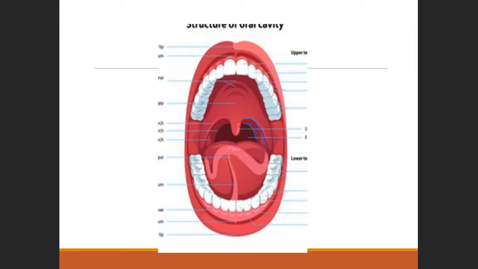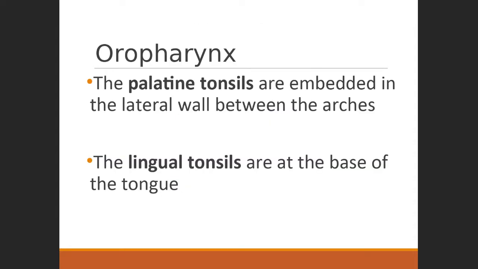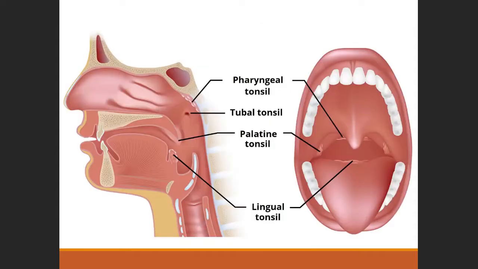We also have tonsillar structures associated with the oropharynx. We have palatine tonsils sitting in between those paired arches of the fauces. And we have lingual tonsils associated with the posterior aspect of the tongue, lingual meaning tongue. And while we're on this diagram here, it's a good opportunity to show the openings of those auditory tubes as they extend back into the nasopharynx.